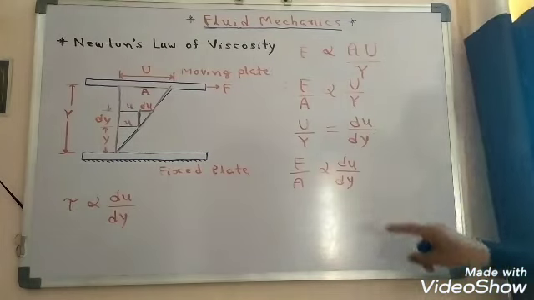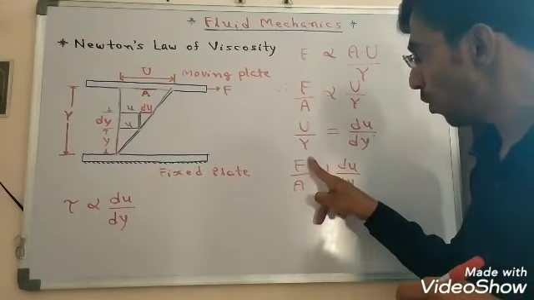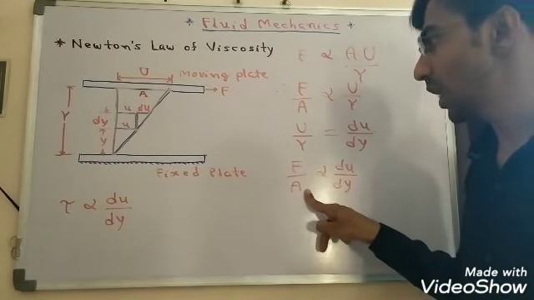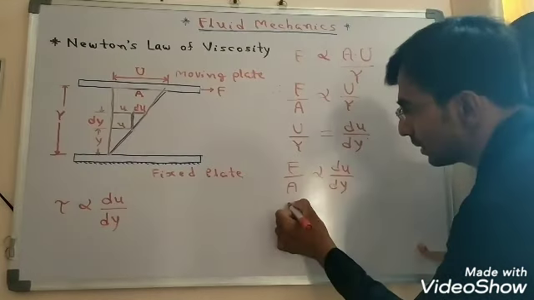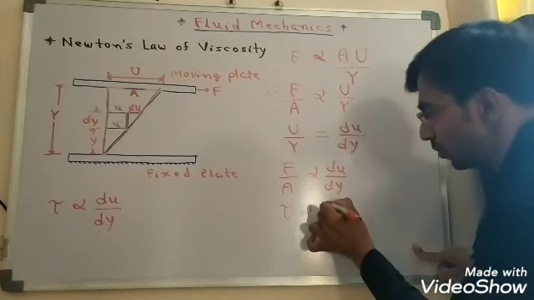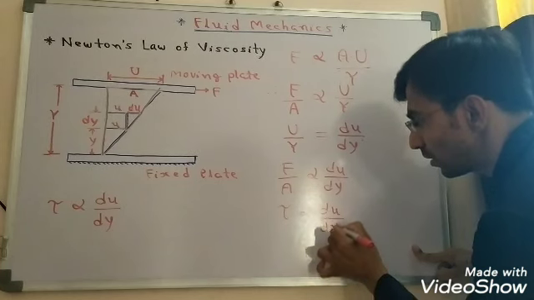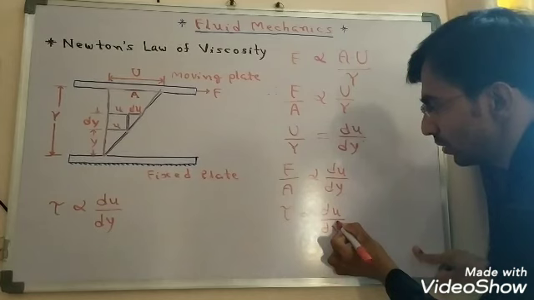This equation indicates force per unit area. It is called shear stress on a fluid layer. So shear stress is directly proportional to du by dy. It is called rate of shear strain.